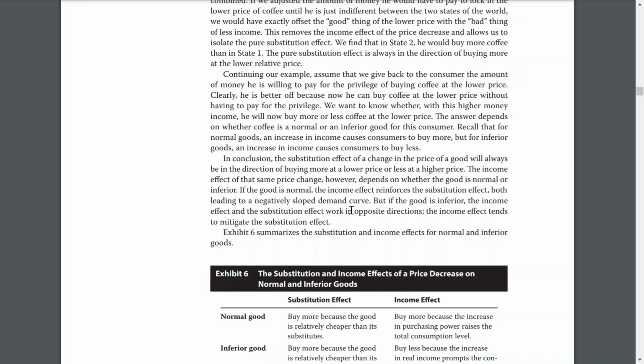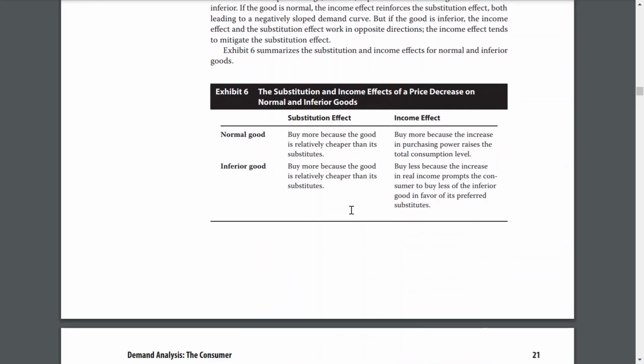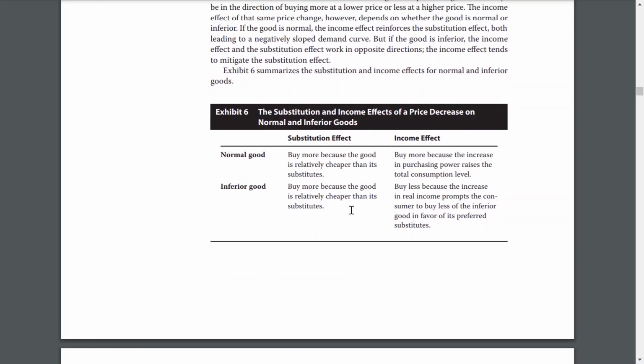But if the good is inferior, the income effect and the substitution effect work in opposite directions. The income effect tends to mitigate the substitution effect. Example 6 summarizes the substitution and income effects for normal and inferior goods. You can pause the video and look at it if you have any questions.